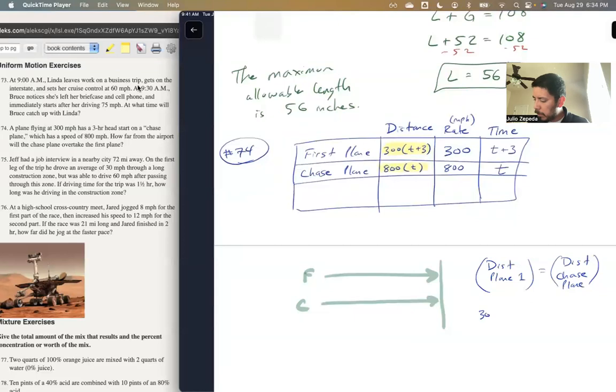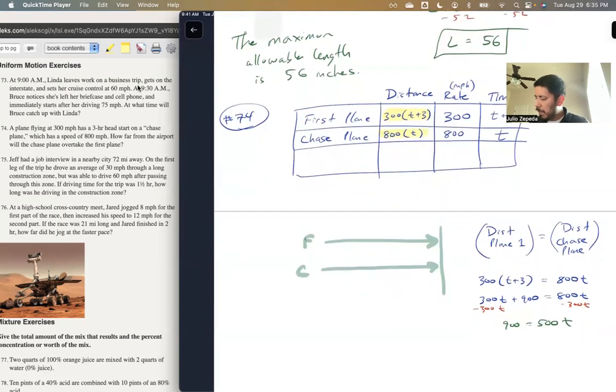So that means 300 times t plus 3 is equal to 800 t. And then we can solve here. This is 300 t plus 900 is equal to 800 t. I'll subtract 300 t from both sides. And so I get 900 equals 500 t. And then I can divide by 500. T is equal to 9/5.